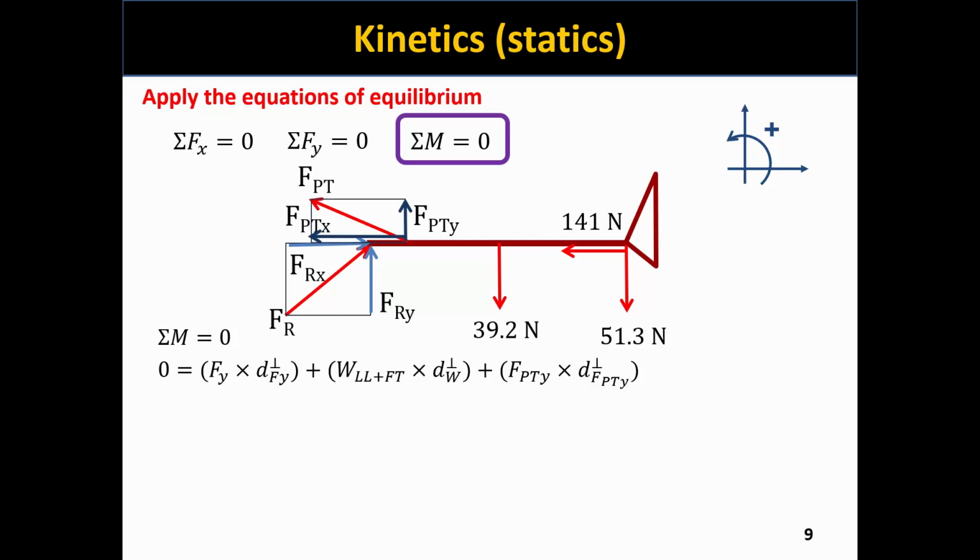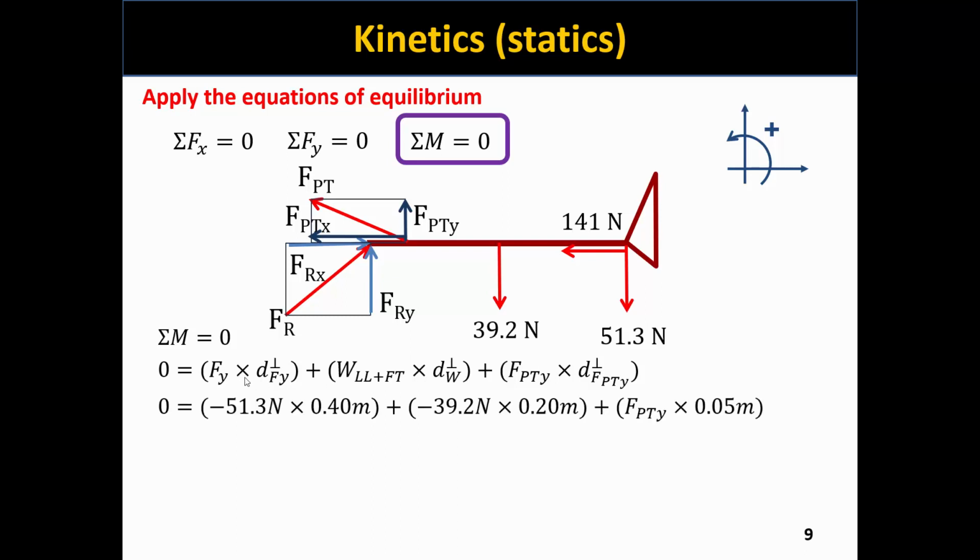Now we've accumulated enough data that we could start to substitute those numbers for our various symbols here, and I'm going to do that. So we have the 51.3, but that's going in the negative direction, so we'll put in negative 51.3. We multiply it by its moment arm, and we're going to put its moment arm at the distal end of the entire system, which is the entire length, which is 0.4 meters.